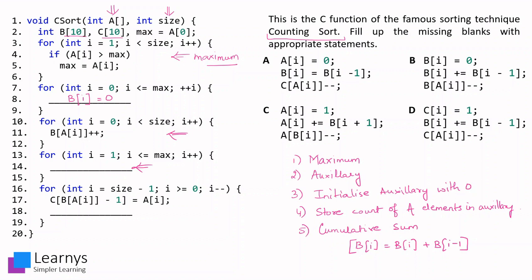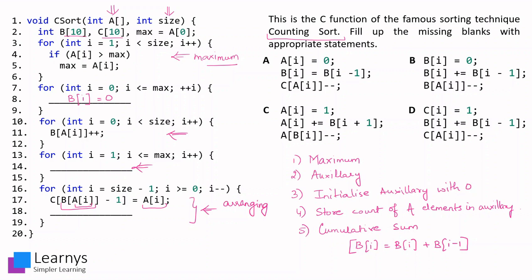Similarly, now we move to line number 18. In this array, what is being done is finally we are arranging the elements, which is our last step of the counting sort, that you are arranging the elements in the final C output array. So the count of A of i is stored in B of A of i, and at that index only we store A of i in the output array C. Later on, because there are duplicates, we will also have to decrement the current value of count of that array element.